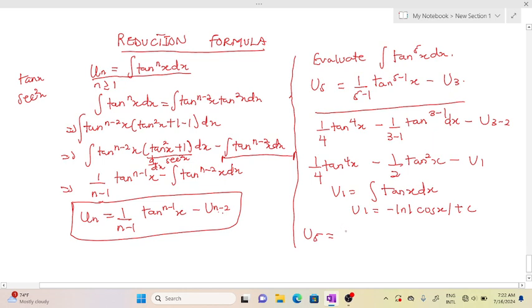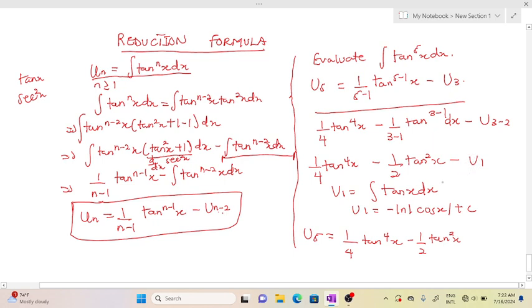Meaning our final integral, which is represented as u5, is equal to 1 over 4 tan to the power 4 of x minus 1 over 2 tan to the power 2 of x, then our u1 follows, so this minus u1.